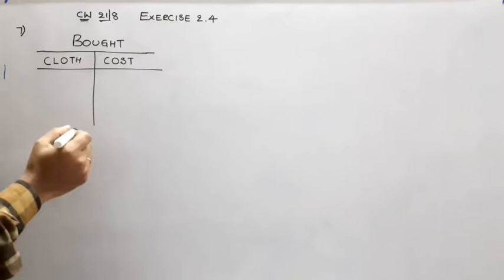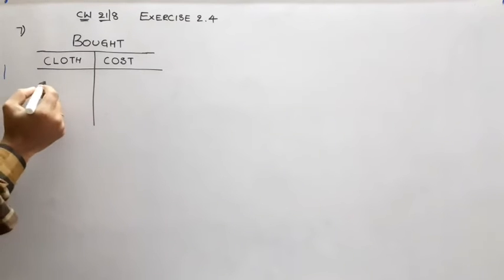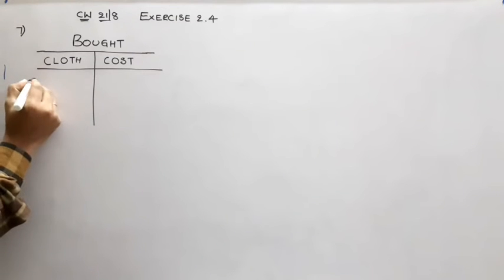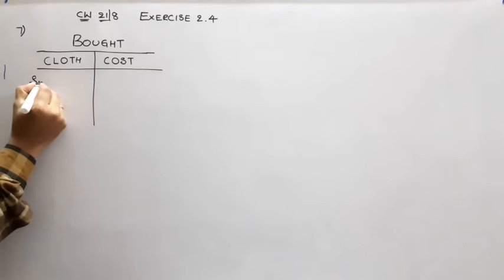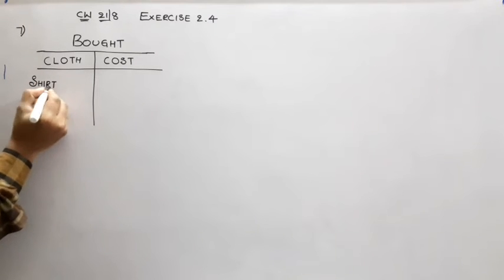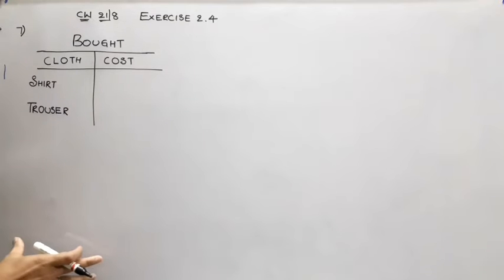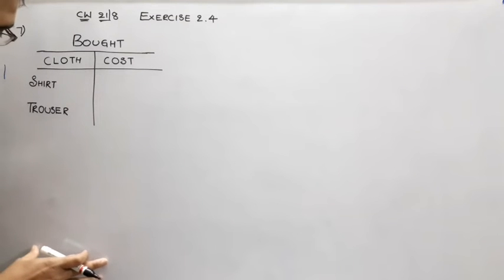And this is first what he had bought, school material, shirt, and the other one is trouser. Hassan buys two kinds of cloth materials for school uniforms.